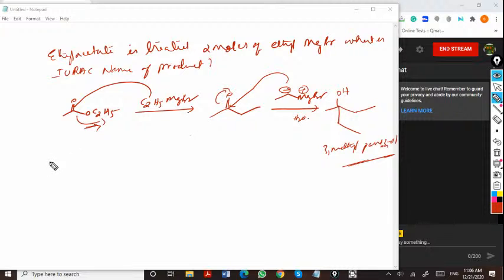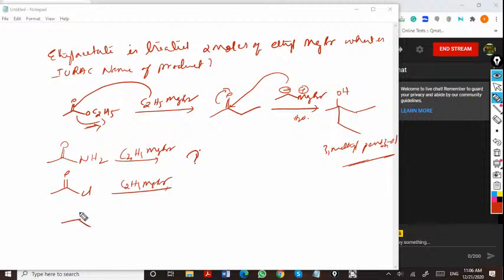Okay. So let's make a treatment of the amide with Grignard. What could be the product? And acid halide with Grignard. What could be the product? And anhydride. What could be the product?